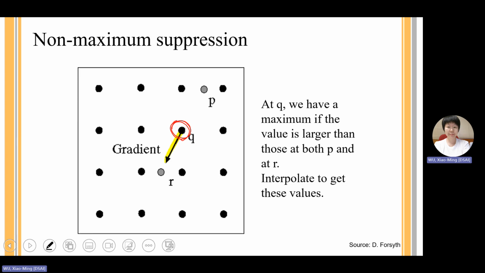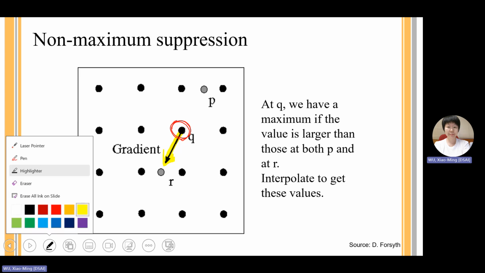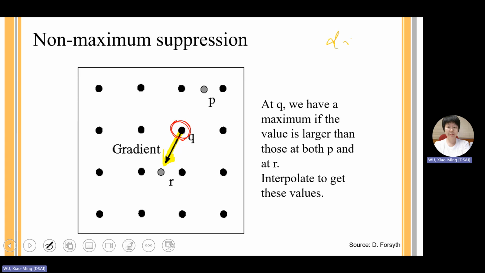This is the real gradient direction. This is the gradient direction we computed. Remember, we have dx and dy. Okay, and this direction is computed by the arctangent of dy over dx. So this is the real gradient direction.